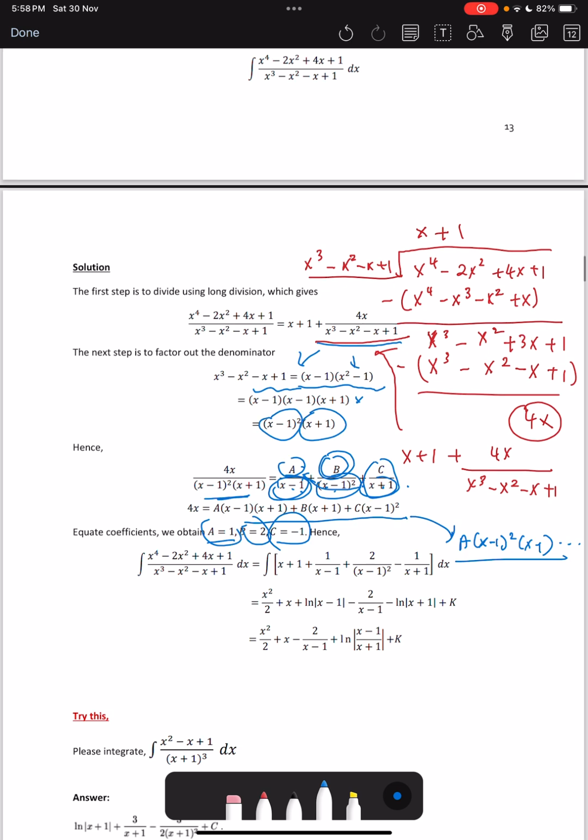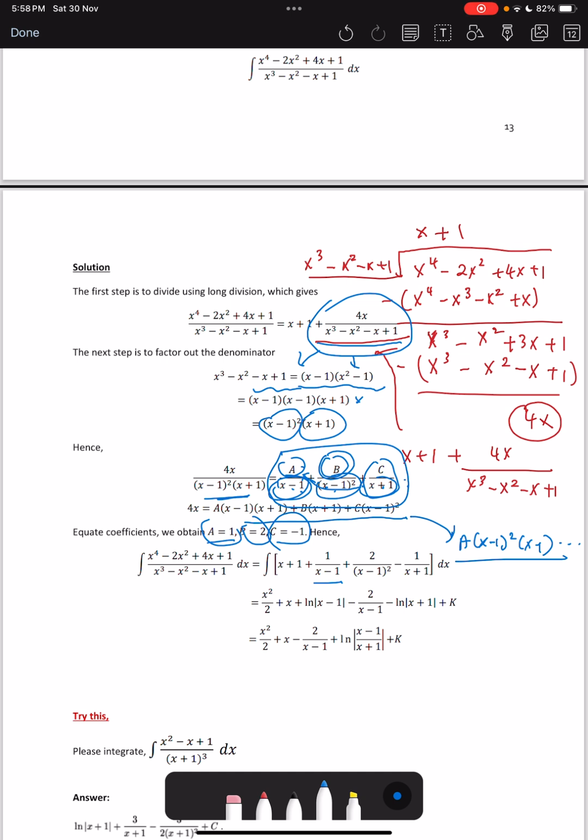Then you replace back in here. So you will get this one: x plus 1 plus, instead of 4x divided by this, you replace it here: 1 over x minus 1, 2 over x minus 1 squared, negative 1 over x plus 1.